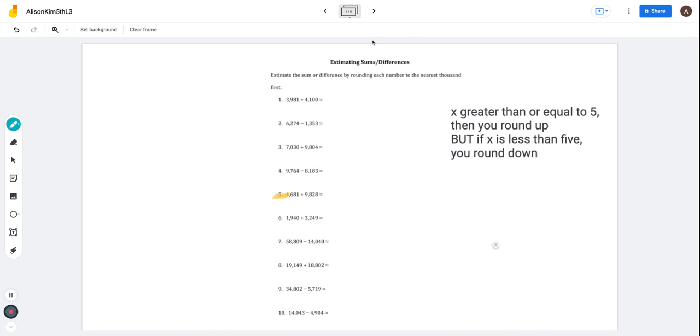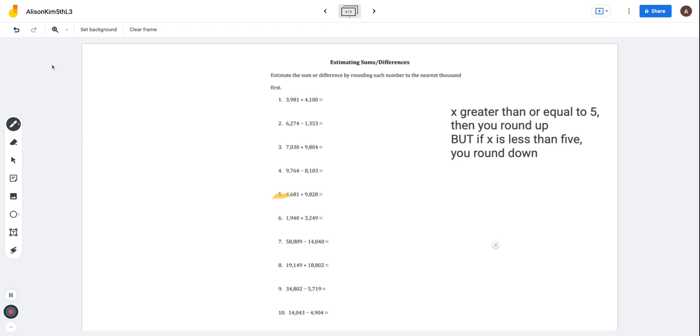Now we're going to do estimating sums and differences. As we can see in the directions, it says round each number to the nearest thousand first, right? So it wants us to round first. However, it doesn't really matter, but in this case, we're going to round first. When we're rounding, we're going to look to the right here at the rules.